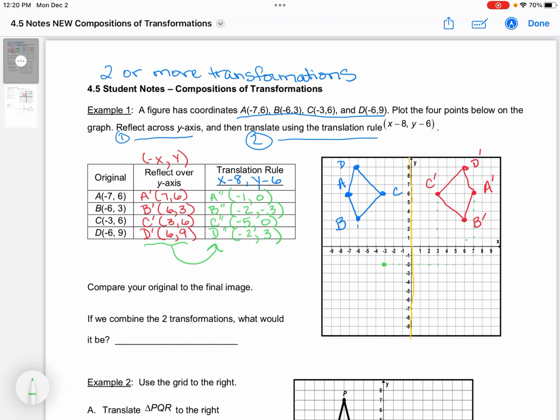Oh man, I messed that up, didn't I? 6 minus 8 is negative 2. 3 minus 6 is negative 3. 3 minus 8 is negative 5.